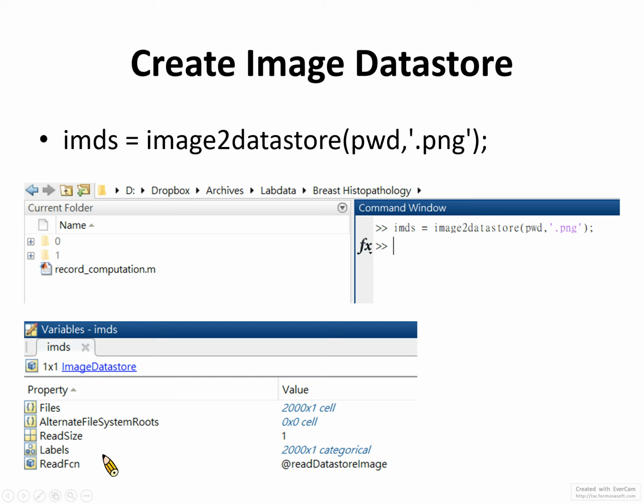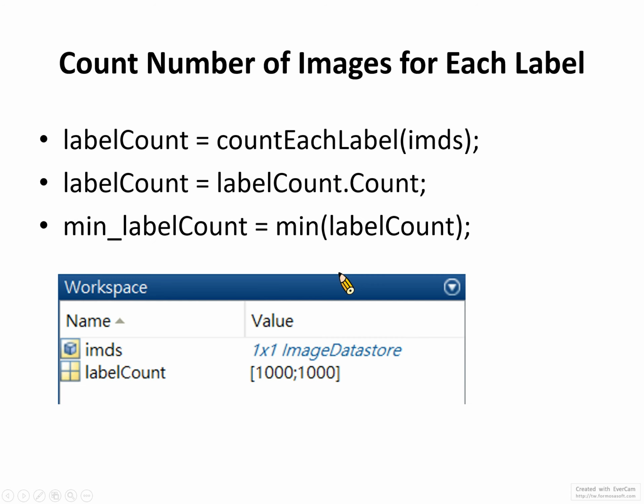It also has a read function, which you can specify here, the readDatastoreImage. It's actually the standard function to read images into the computer. So this is the standard image data store format used by MATLAB, and we need to use this format to do machine learning, particularly neural network training.